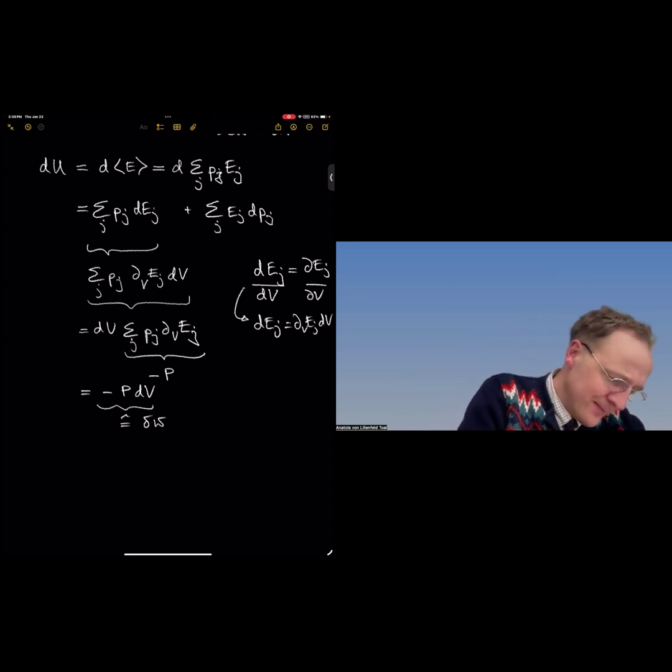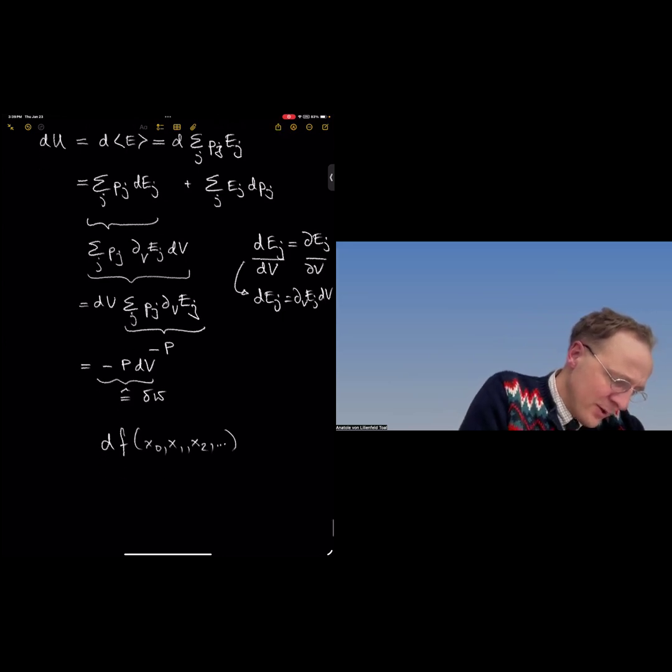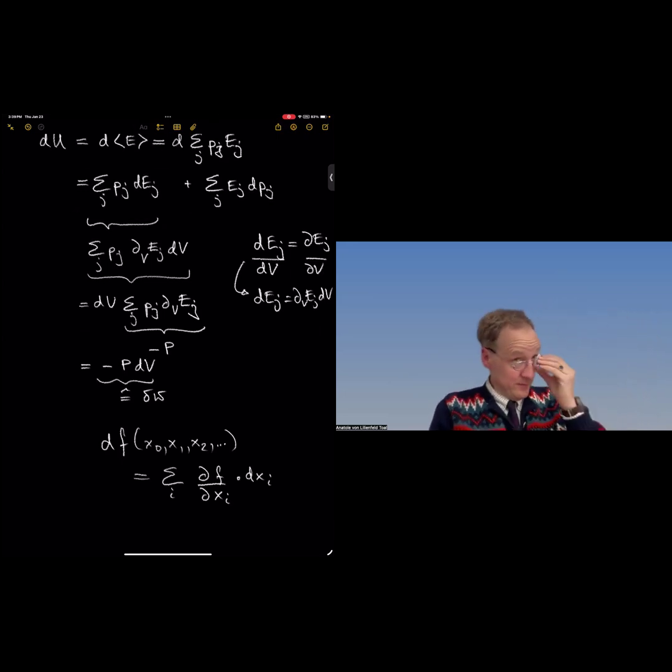So basically, if you have the differential of a function which depends on many variables, x0, x1, x2, and so on, you can write this in terms of the sum over all these variables, where you derive your function with respect to the variable, and you multiply with the change in the variable.